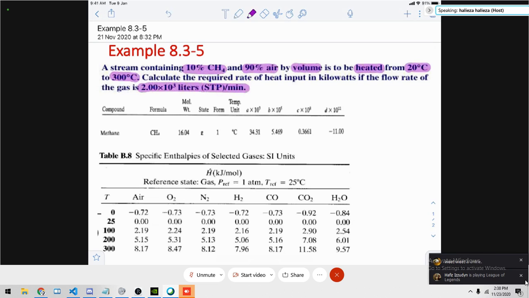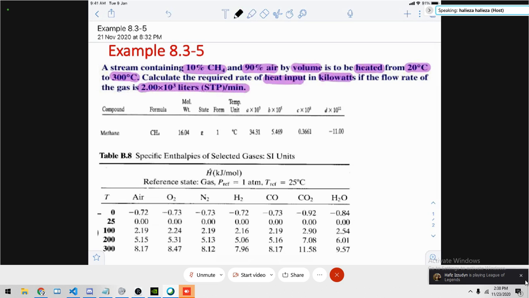There's no mention at all about the molar flow rate here. It's just the volumetric flow rate, but at standard temperature and pressure. So there's a slight difference. Sometimes this small difference will really affect how you solve the problem. You need to find the heat that needs to be input in kilowatts. That's what the question is all about.